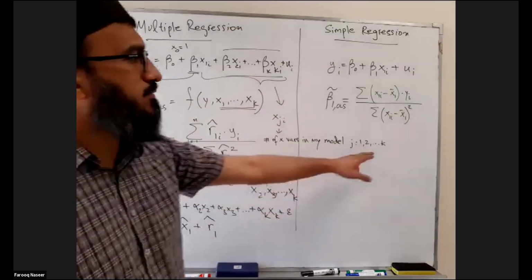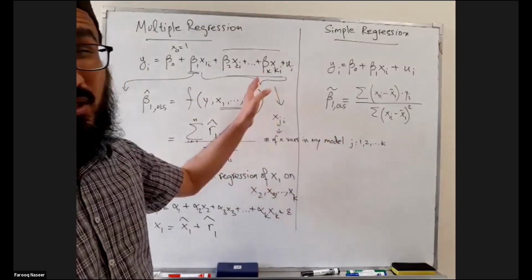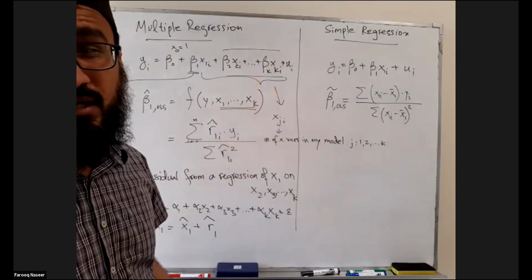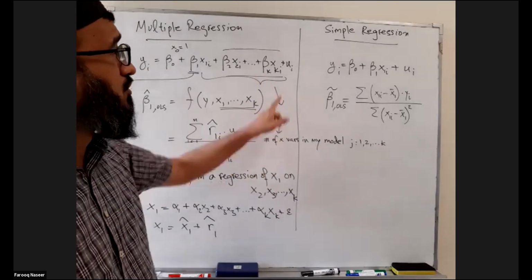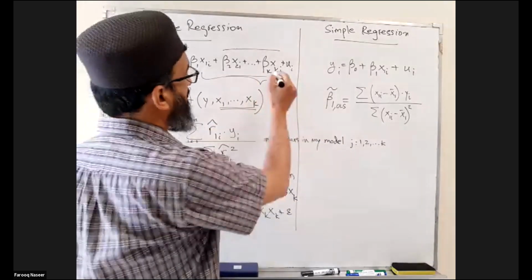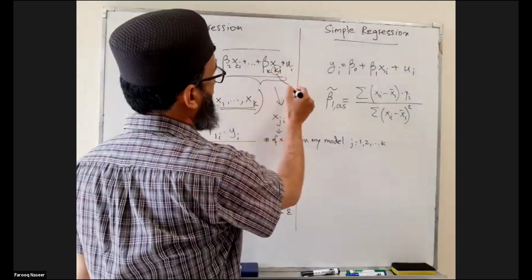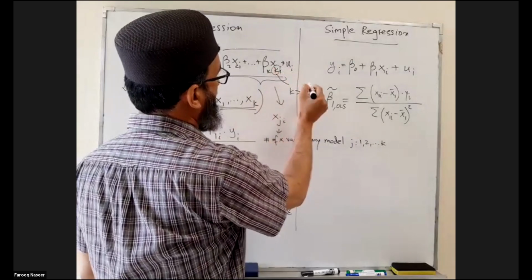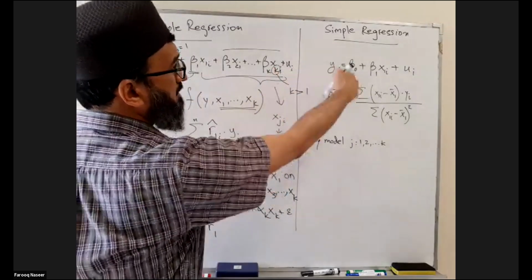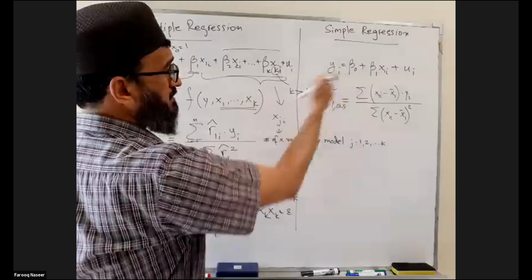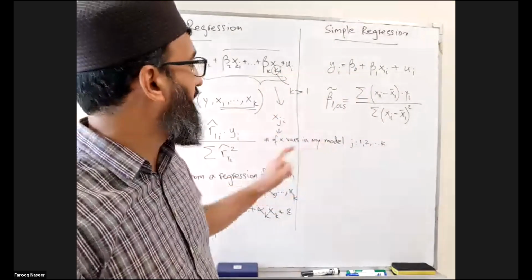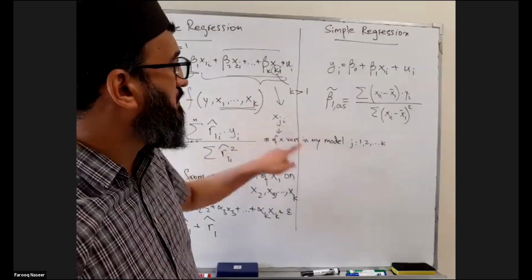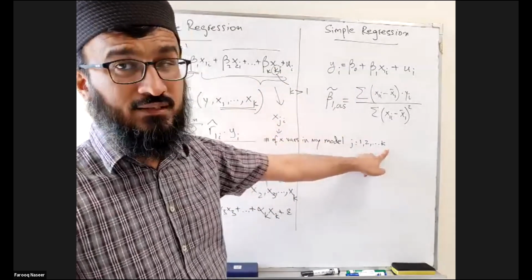So k is bigger than 1. This is a multiple regression I'm talking about. So एक से ज़्यादा x variables है मेरे model में. So this k better be greater than 1, because if k equals 1, then we are back in the simple regression. So k may be some value like 5, right? So my indicator j goes from 1 to 5 in that case.